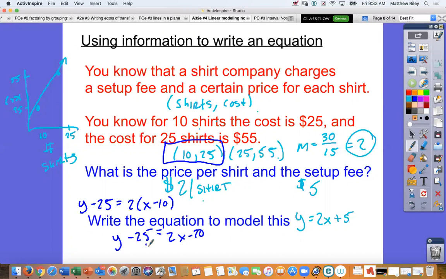And then add 25. So that's how I get this equation. Okay. So I think that you just kind of put it together. Did that answer your question or no? Yeah, that helped. Thank you.